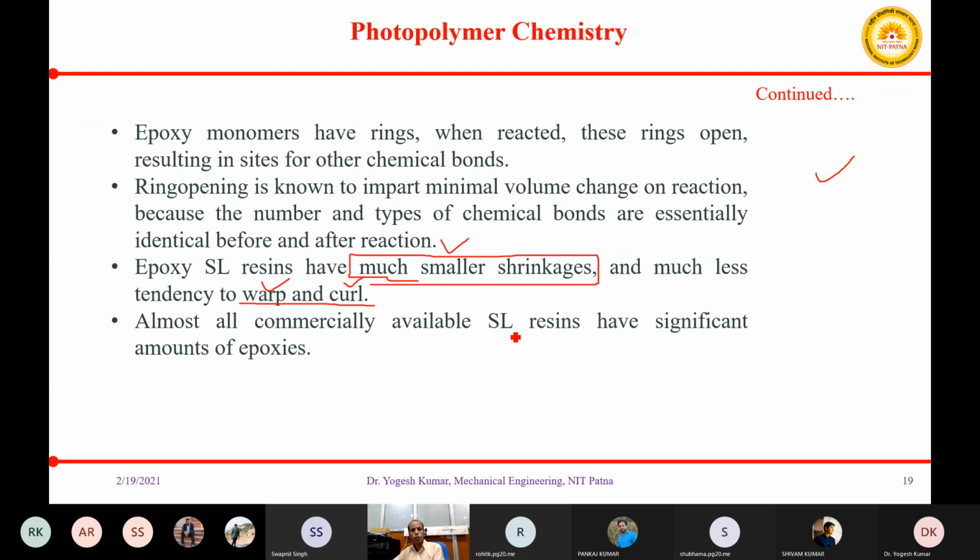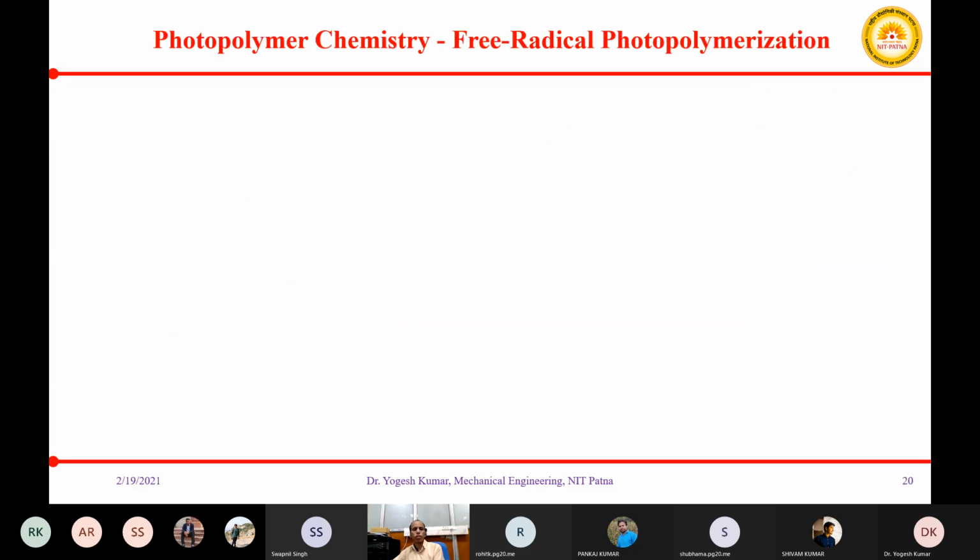Almost all commercially available SL resins have a significant amount of epoxies. This is the molecular structure of one epoxy resin.